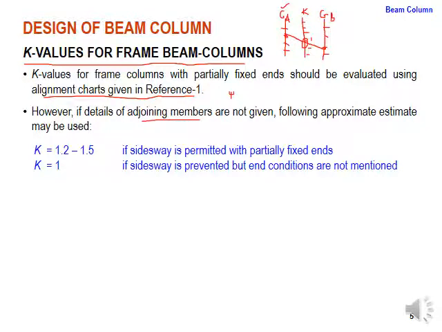K can be any value between 1.2 to 1.5 if side sway is permitted with partially fixed ends, and you can use K equal to 1 if side sway is prevented but end conditions are not mentioned. Side sway is permitted means you are allowing the movement, and the ends will be partially fixed. Side sway is prevented means a no sway condition, but end conditions are not mentioned. In this case you can use K equal to 1 directly.